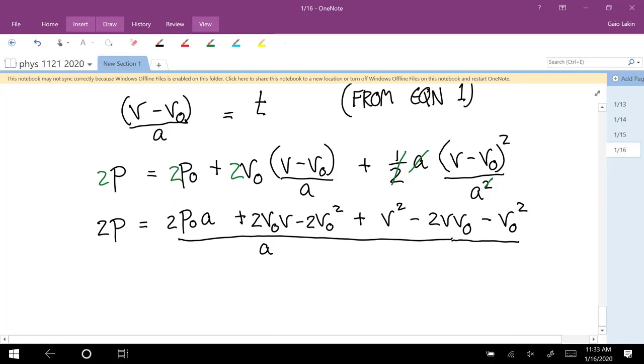Okay. Anybody lost or behind? Understand what I'm doing here? So all I did was substitute, and now I'm just looking for a way to simplify this. I multiplied both sides by 2 to get rid of the half. And now we're going to see some cancellations happen.